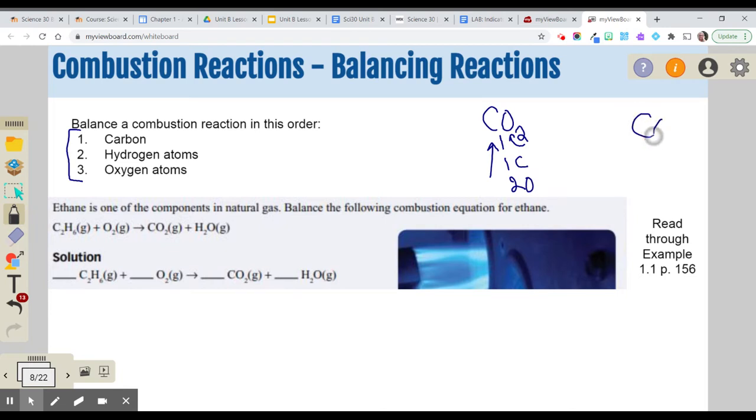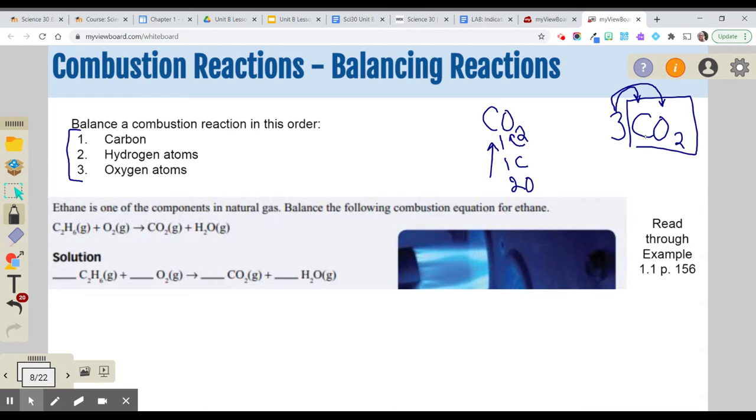Now, if I took that same molecule of carbon dioxide and I put a 3 in front of it, that means everything after has to be multiplied by 3. Okay, it's not adding, which sometimes is what people get confused. You're going to be multiplying. So you have 3 times however many carbons you have, and 3 times how many oxygens you have.